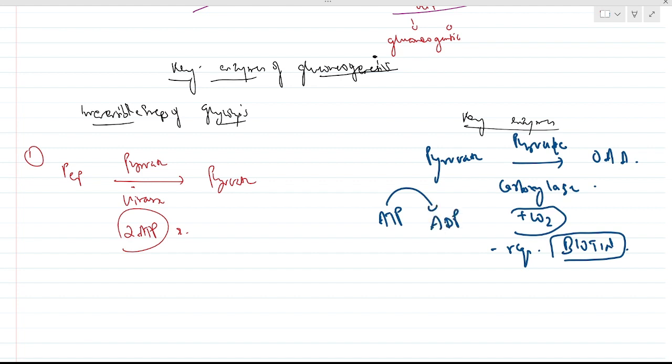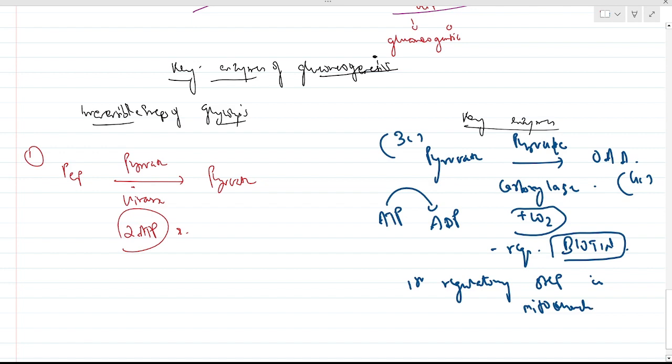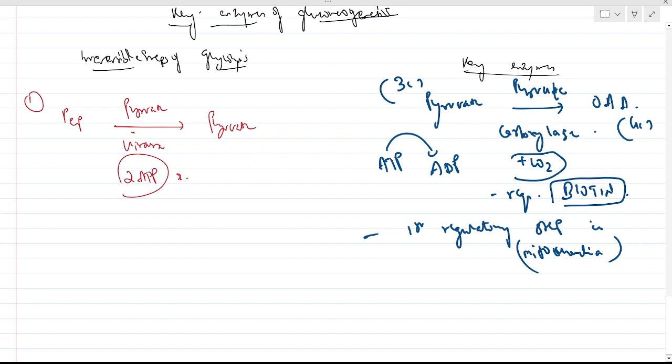This is all an important step. Remember all the facts given here. ATP is converted to ADP. It's a 3-carbon compound, with addition of carbon dioxide giving a 4-carbon compound. This is the first regulatory step in the mitochondria, one of the organelles where gluconeogenesis takes place. Pyruvate carboxylase adds carbon dioxide to pyruvate to form oxaloacetate.